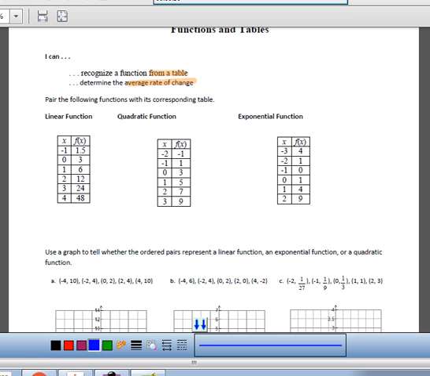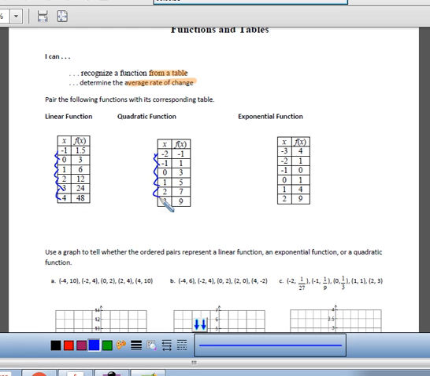Pair the following functions with its corresponding table. So we're looking at either a linear, quadratic, or exponential. Essentially what you need to do is look at the table and see what's happening. For all the x values, that's pretty simple.